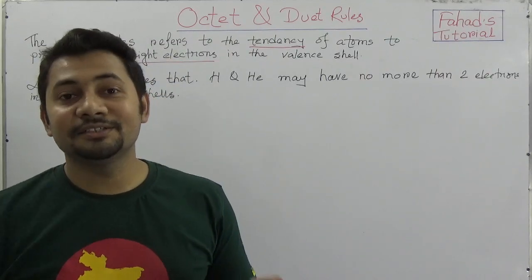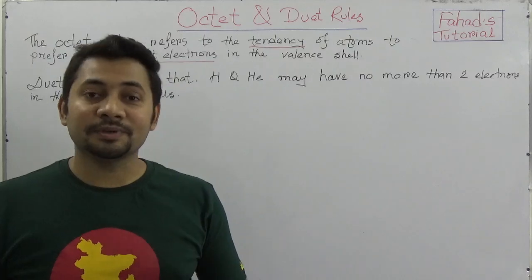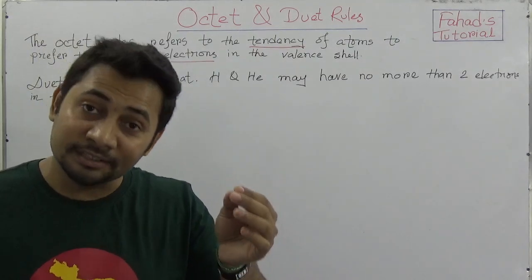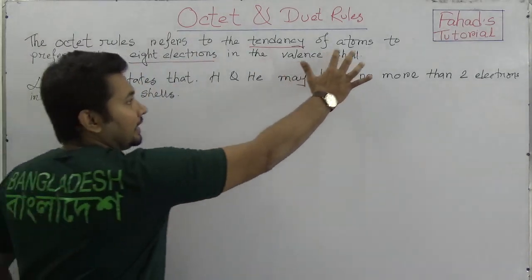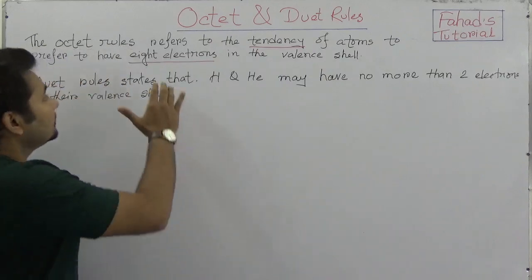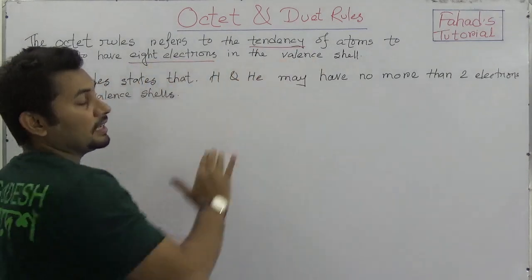That is why they don't accept, donate or share electrons, and why all atoms show the tendency to have these 8 electrons in their valence shell.